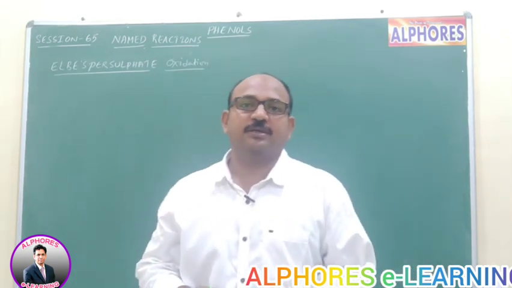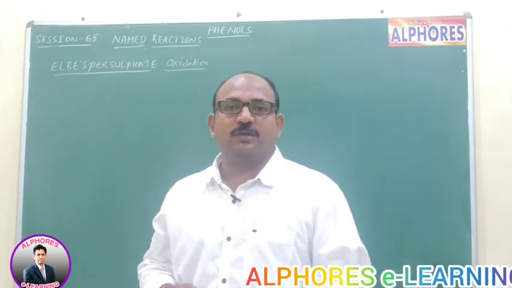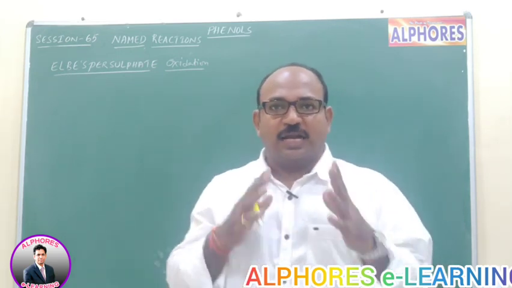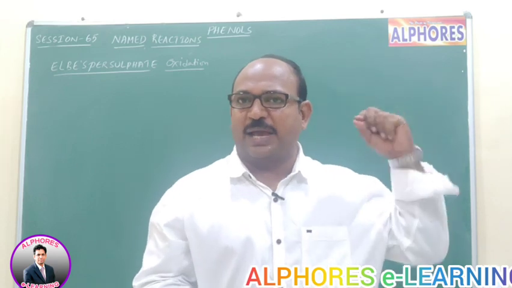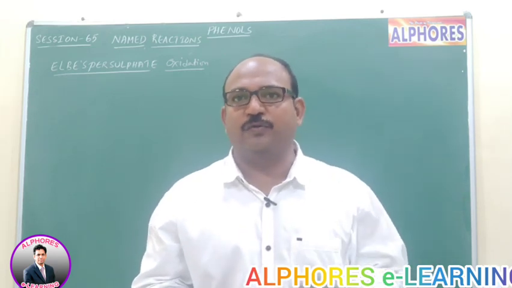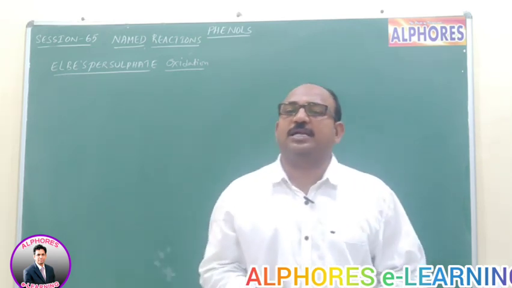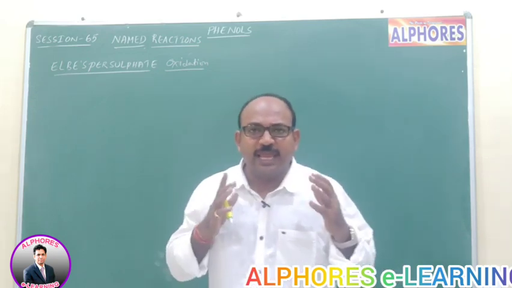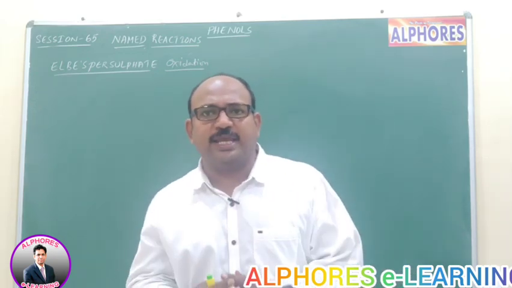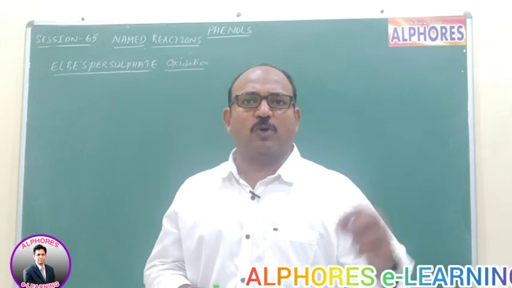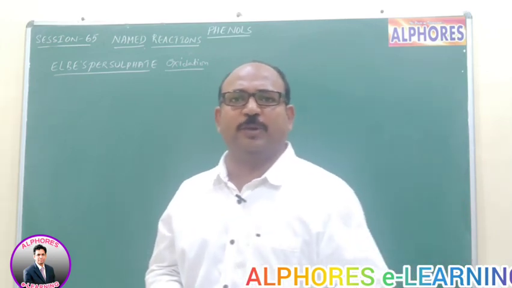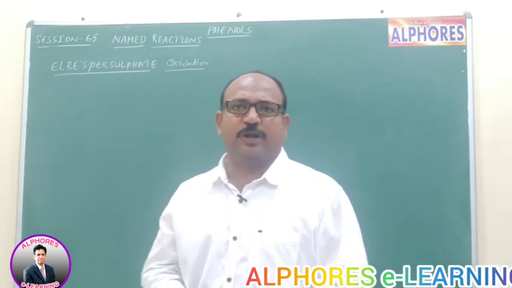So students, in oxidation of phenols, we learned that with concentrated nitric acid we get para-benzoquinone. Not only with concentrated nitric acid, but with any strong oxidizing agent like KMnO4, potassium dichromate, or sodium dichromate, we get the same product.